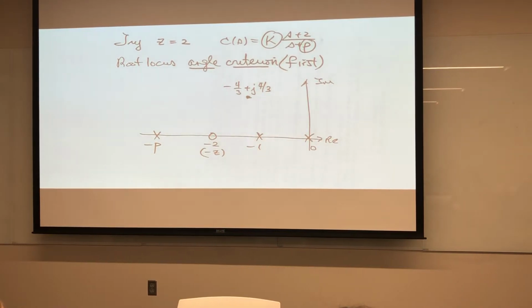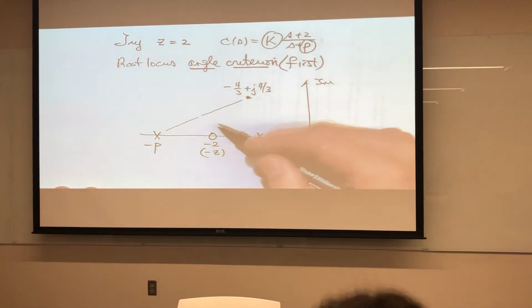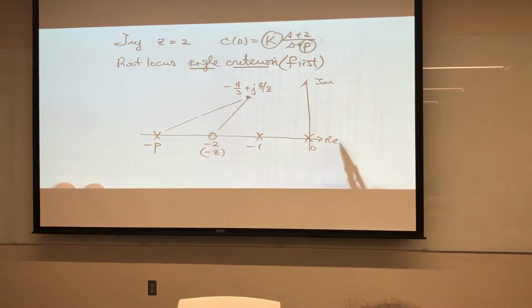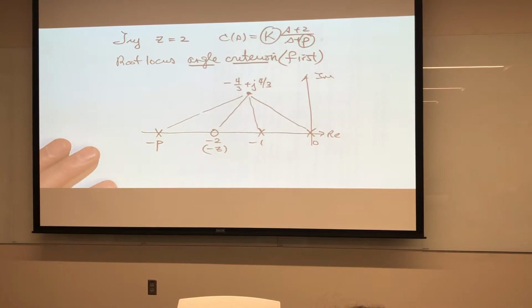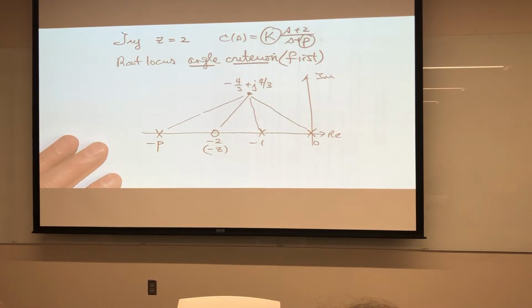Okay, brush out your calculators, guys. We're going to warm up those calculator batteries. We're going to draw these lines here. Now I'm going to do it geometrically. You may figure out a way to do it on your calculator faster than I can.